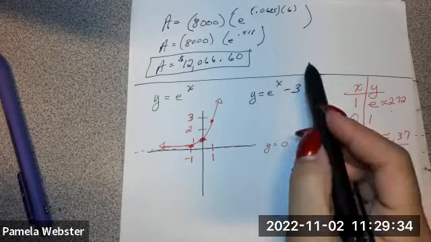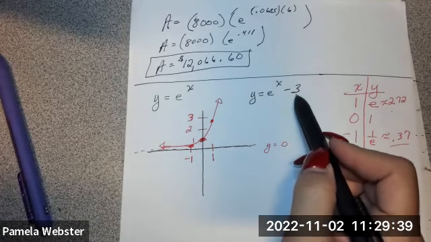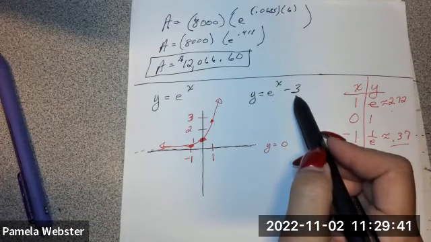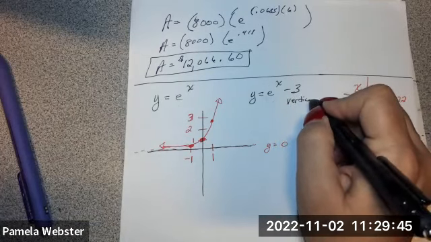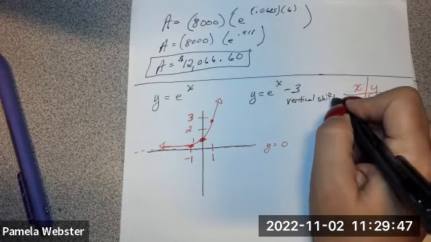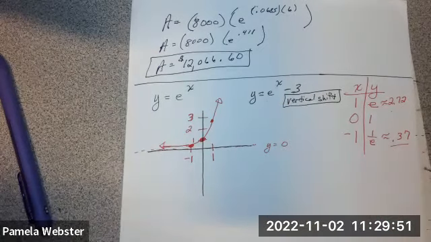Remember, this is my function, e to the x. This is being subtracted on the outside. If you'll remember, that was a vertical shift. I know it's been a while. This is a vertical shift, so this is either going up or down. We don't know which one yet because I'm adding or subtracting on the outside of the function. So my question becomes, which one is it? Is it up or is it down?